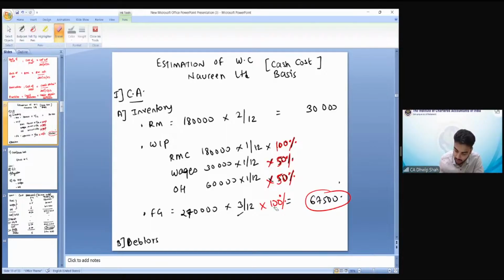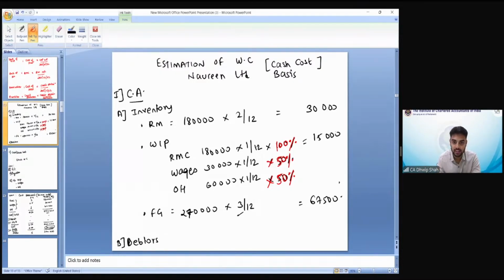अच्छा, there is no need to write this because multiply by 100% करोगे तो same ही answer आएगा. So no need to specifically write 100% for FG. ठीक है? So tell me, 180 into 1 by 12 into 100% कितना आया? 15,000. So this means raw material in WIP. 15,000 is raw material का stock in WIP.